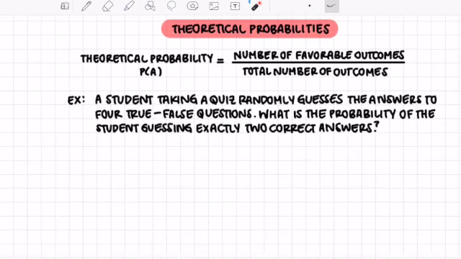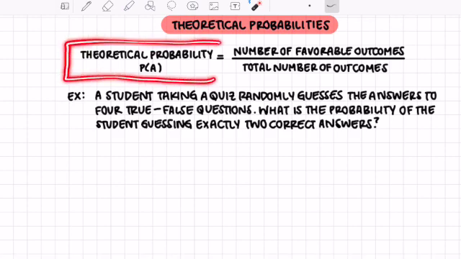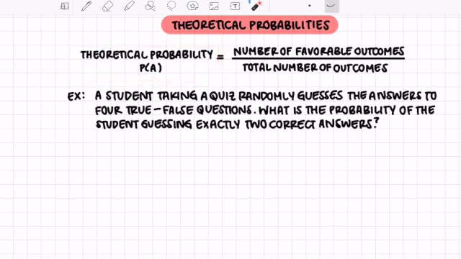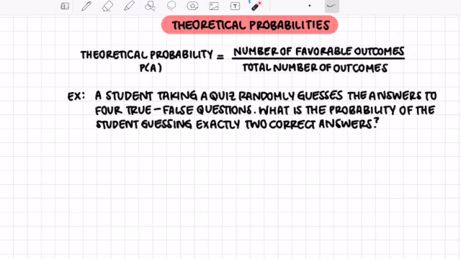Okay, so now we're going to look at theoretical probabilities. Theoretical probability, which we could rewrite in the symbol of P of A. Okay. It's always the number of favorable outcomes over, so it's dividing with the total number of outcomes.